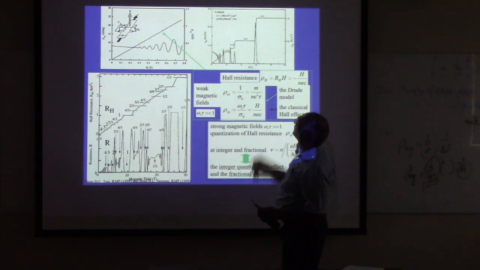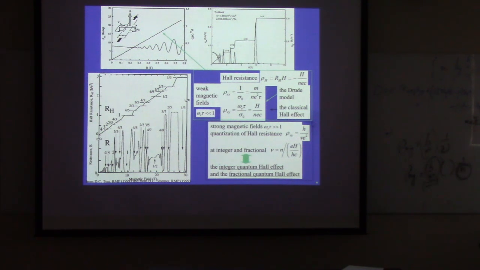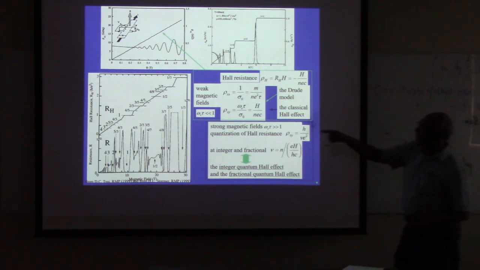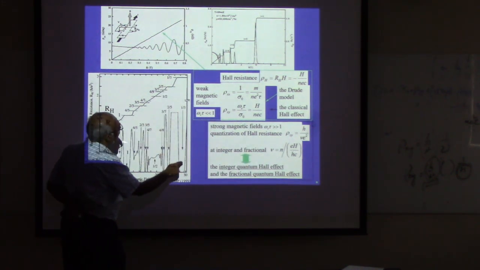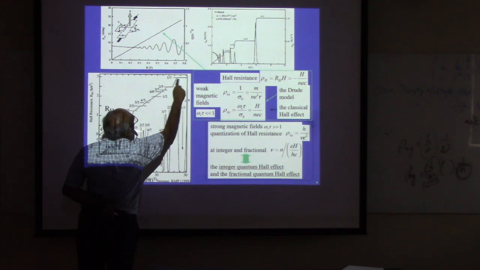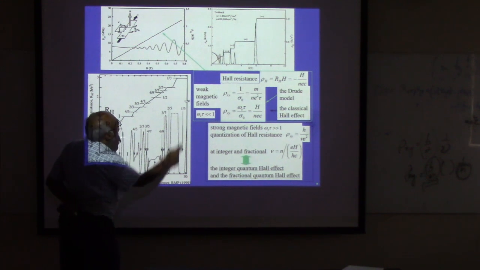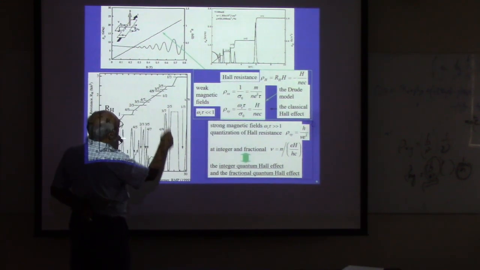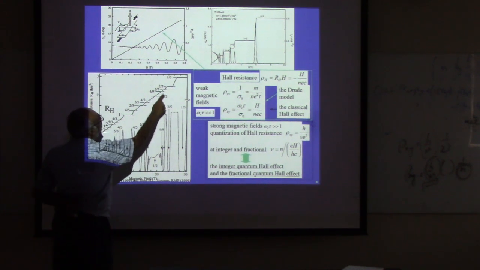After a few years they found this nu doesn't have to be an integer. Even fractional numbers, see 1 over third. So you can see even 1 over third. Any time you have this plateau, this rho xx value is 0, then it starts to have this peak, then it becomes here. You can see they started seeing all these fractions.